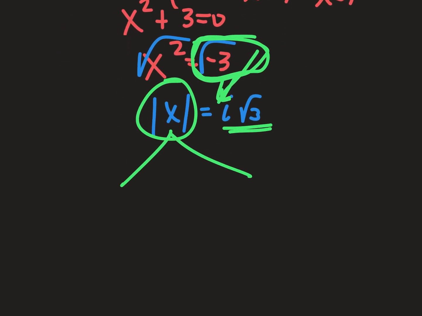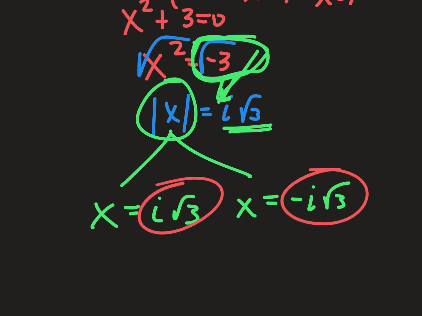The reason there's a plus and minus is because of the split. I root 3 and negative i root 3. Those are your 2 imaginary solutions. And remember me telling you, if you ever get an imaginary solution, there's got to be 2. It's a fact. You can use that the rest of your life.